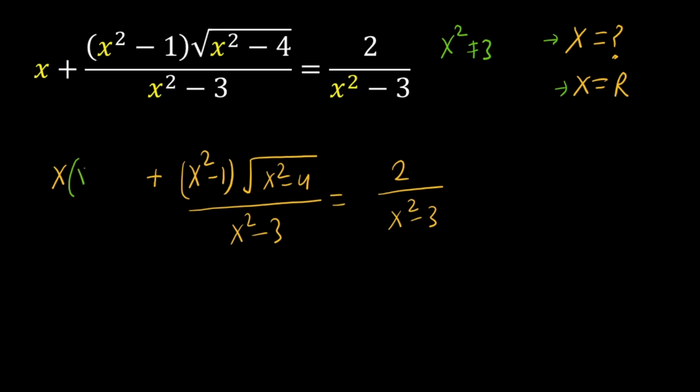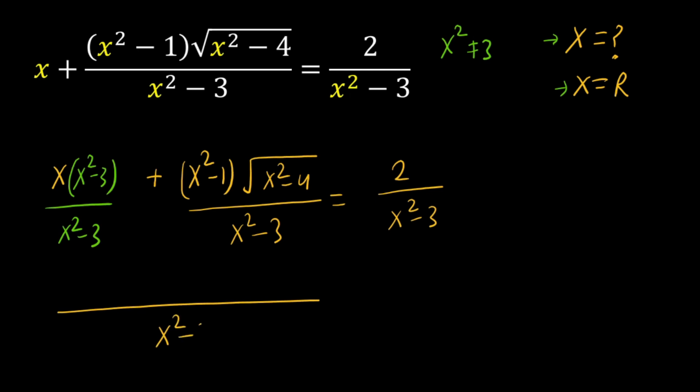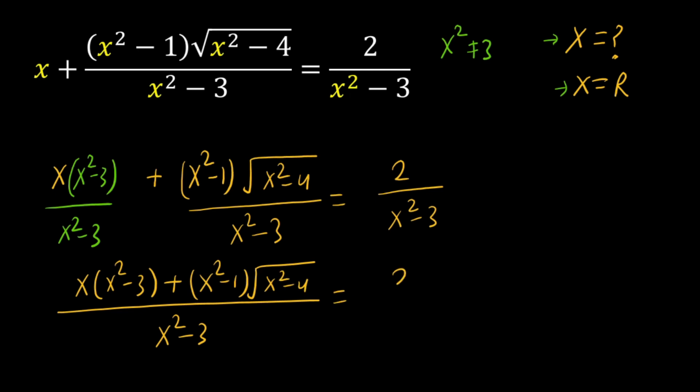So if we multiply and divide x by x² − 3, then on the left-hand side the denominator is x² − 3, and in the numerator x times (x² − 3) plus (x² − 1) times √(x² − 4), and this equals 2 over x² − 3. Now if we multiply both sides by x² − 3, then this x² − 3 and this x² − 3 cancel out.